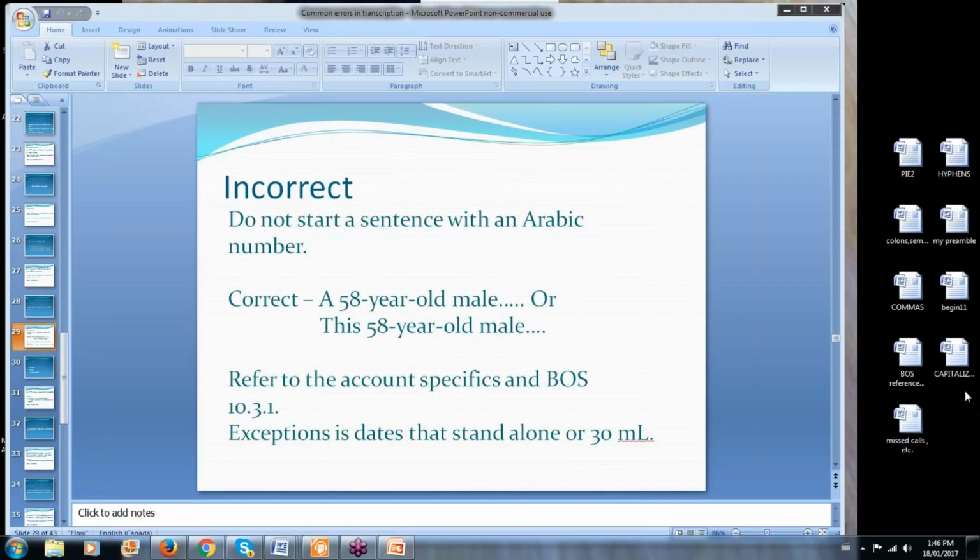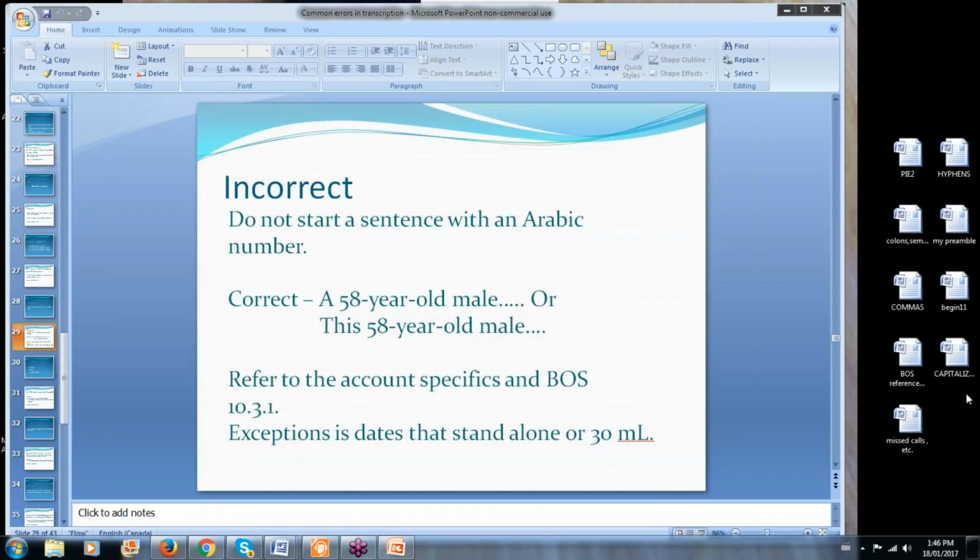I'm not trying to be mean, I'm just trying to address the most common transcribing errors that we've been encountering.